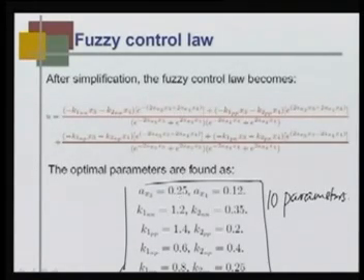Ax3 is 0.25 and Ax4 is 0.12, and the controller parameters, that is k1 and k2 for all the different fuzzy rules, 4 rules are there, and for each rule we have 2 parameters k1 and k2, and we have got these values 1.2, 1.4, 0.6, 0.8, 0.35, 0.2, 0.4, 0.25. So, these parameters we derived using the univariate marginal distribution algorithm.